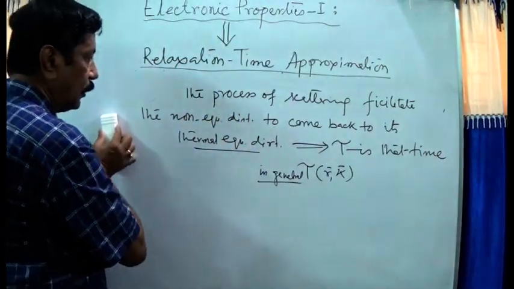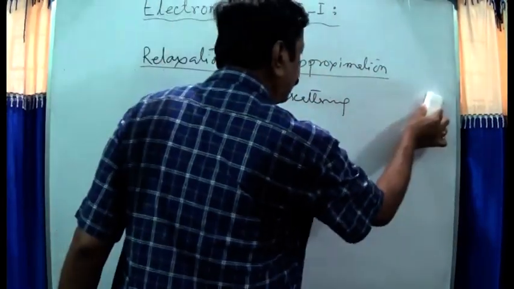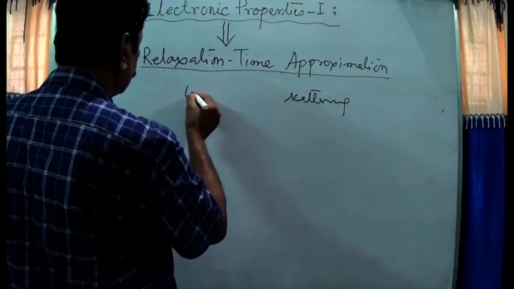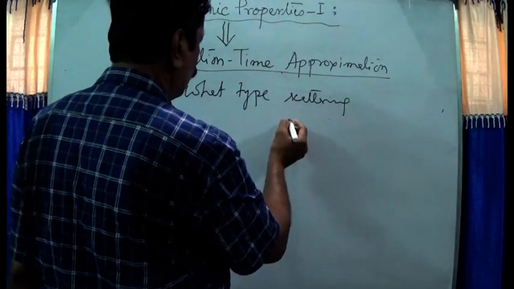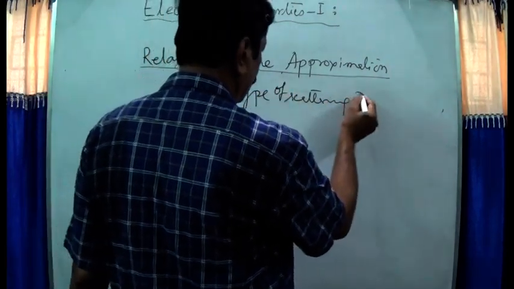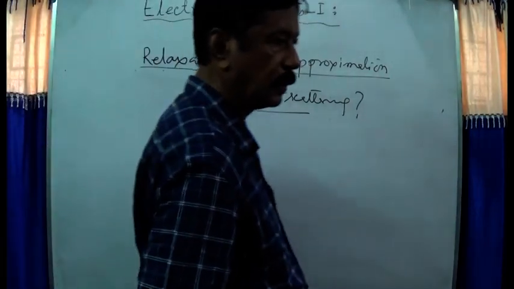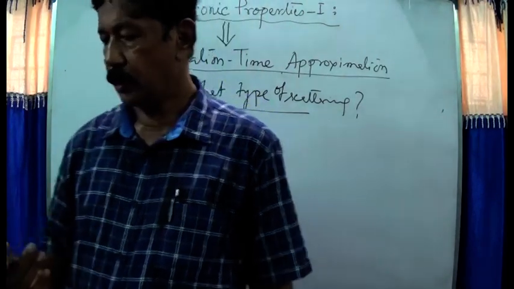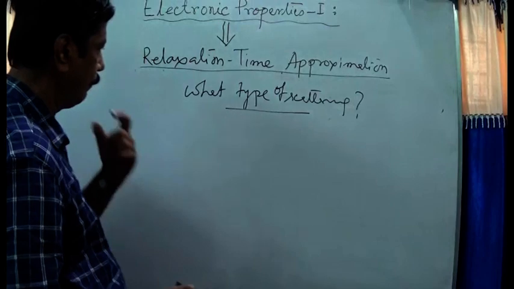So now the question is, what type of scattering is responsible for relaxing a non-equilibrium system back to an equilibrium system?